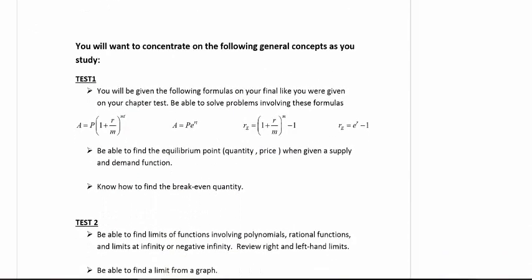So kind of go over here and remind you about each one of the tests. So test 1, it's been a long time, so y'all think you remember it, but I can't stress enough that you need to look back at the review. And if you're struggling with a specific type, then I go back to the tabs and pull some other pieces up. So I actually really recommend you start with each test review first.